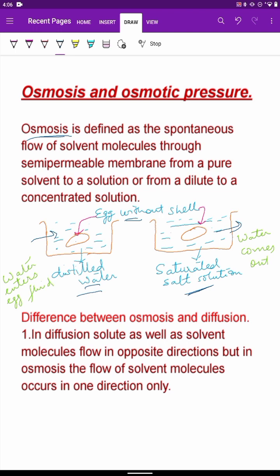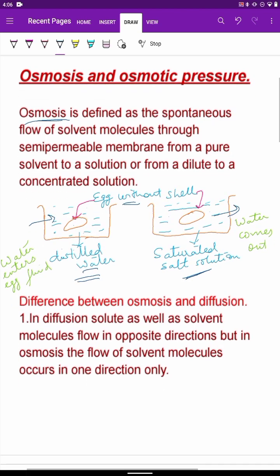In the first case there is a pure solvent outside, which is distilled water. From here the water moves towards the egg fluid. In the second case, water comes out of the egg fluid because the outside solution is saturated. So both cases exhibit the phenomenon of osmosis.